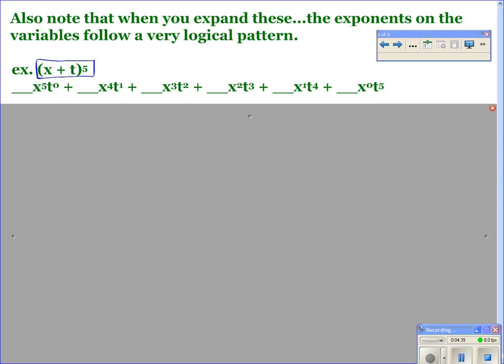What's the pattern that you're seeing here as you're writing them down? Yep, so the first term, which is x, those exponents start at the 5 and go down, and then the second term, t, will start at 0 and go all the way up to 5. So that pattern always happens.